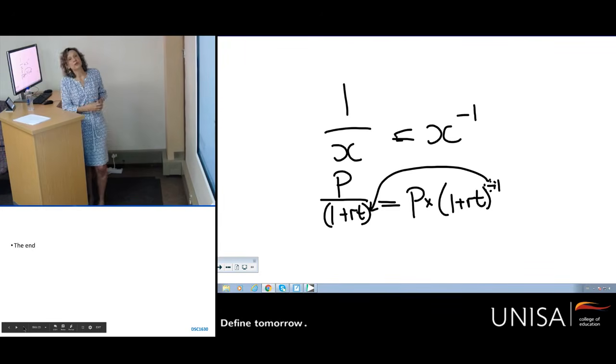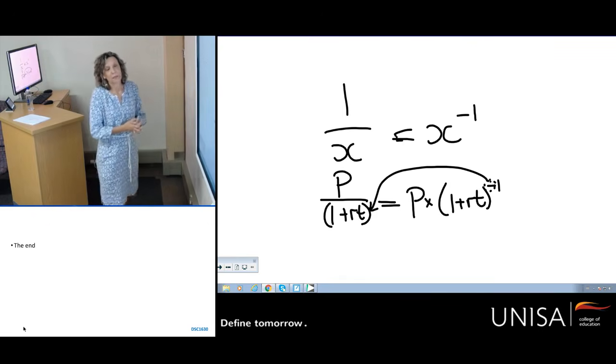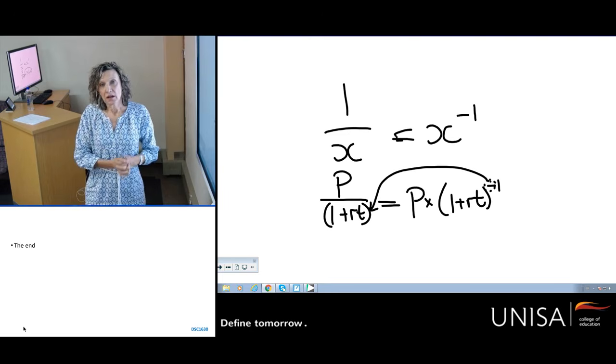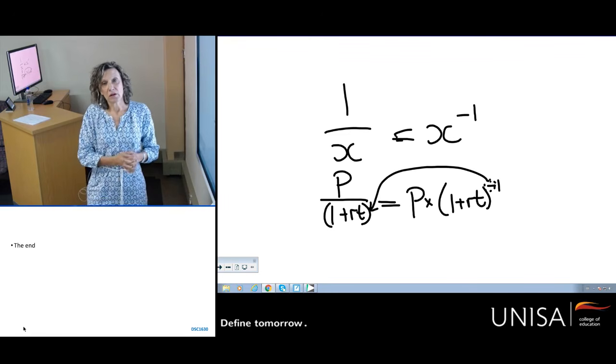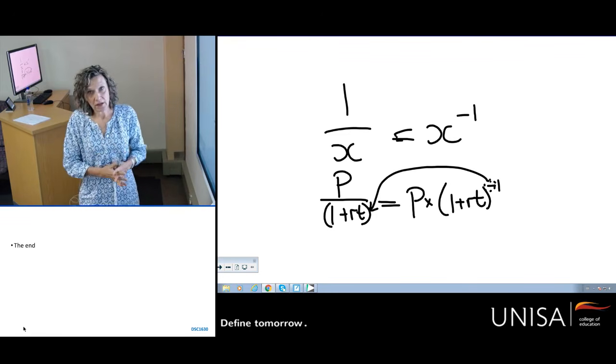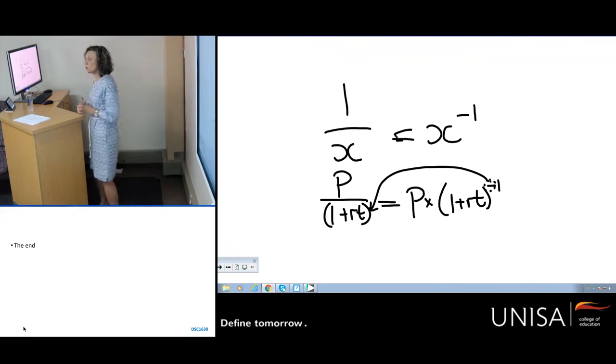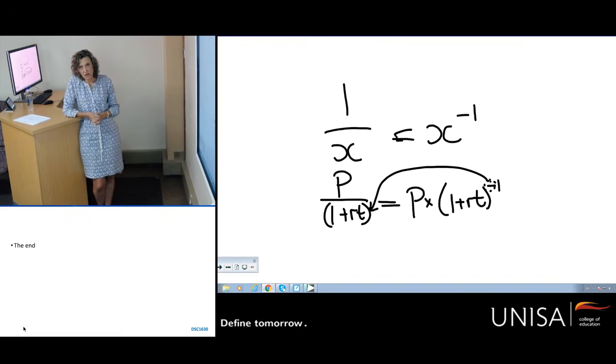Right. That concludes then the first part of chapter 2 on simple interest. Guys, I want you to go back to your study guide, go through the theory, and again all the examples in your guide. Try and work it out yourself. If you've got questions, please email me immediately and ask the questions that you would like to ask me.